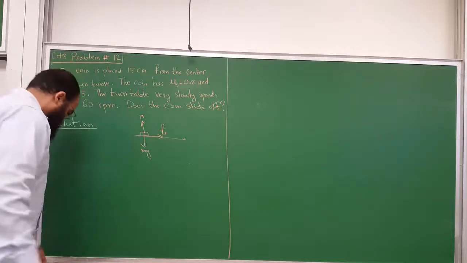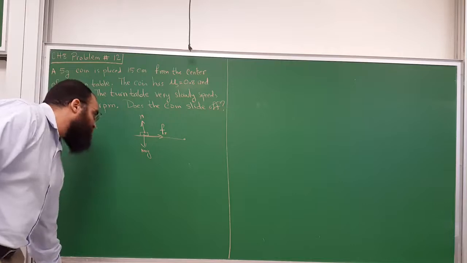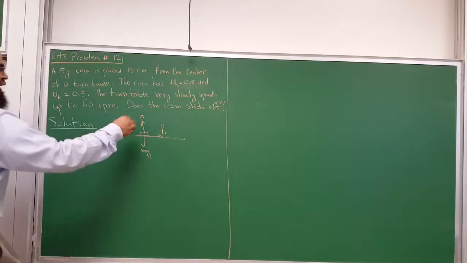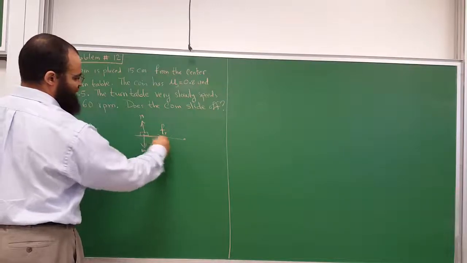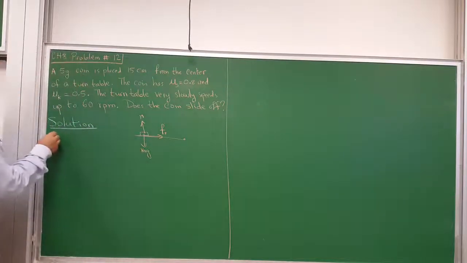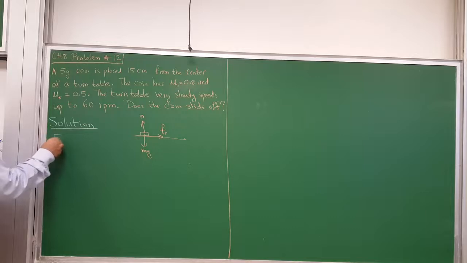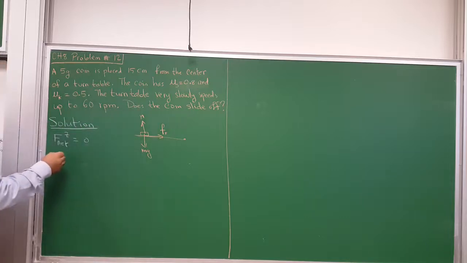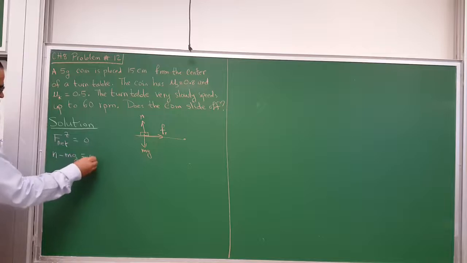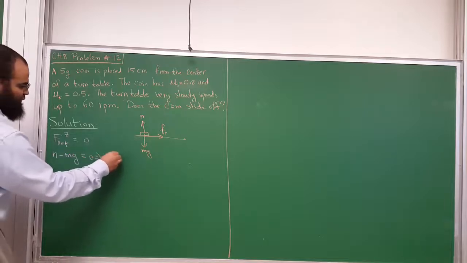Okay. So in the y direction, we call it the z direction, and this is the radial direction. The net force in that z direction, up and down, is equal to 0, because there is no motion up and down. And so you get the normal force minus mg is equal to 0, and therefore the normal force will simply equal mg.